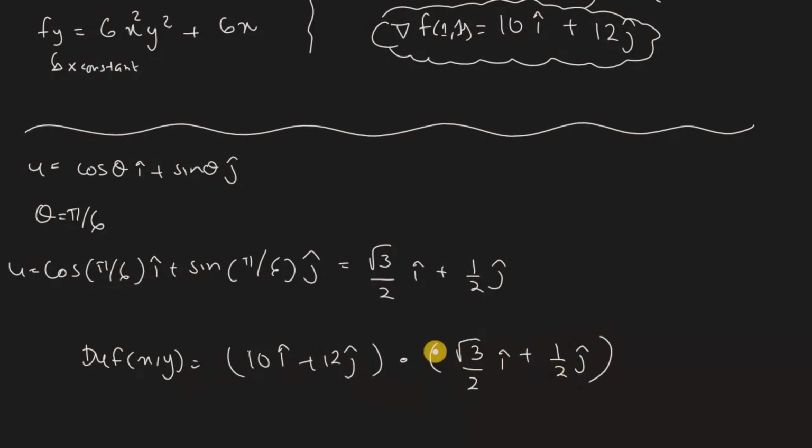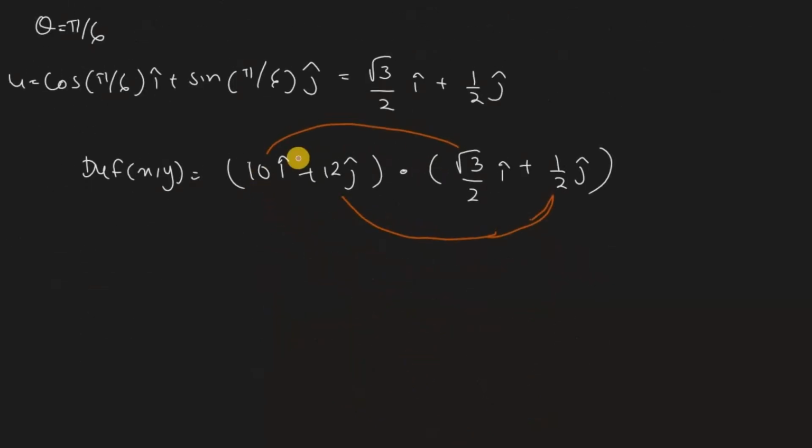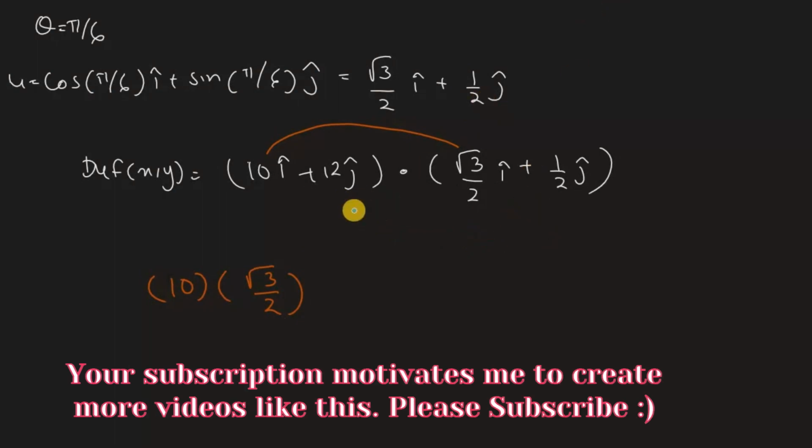And I hope you remember taking the dot product. If you don't, let me recall. It's simply x component times x component and then y component times y component, right? So that's going to be this times this, that's 10 times square root of 3 over 2. Let me use a different color here so you don't get confused.